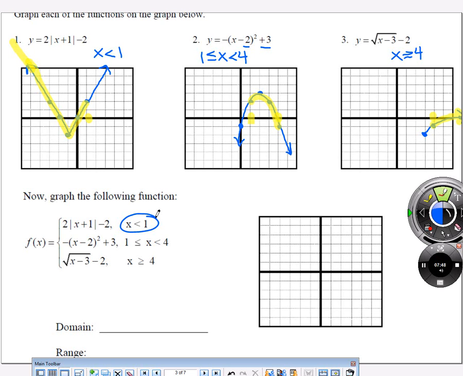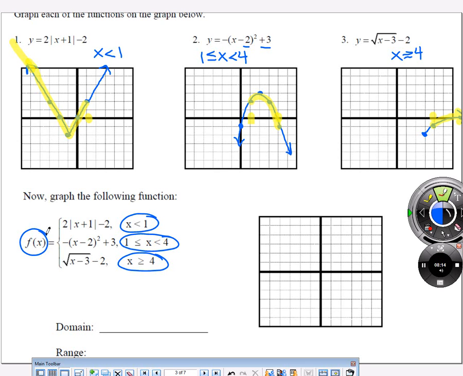Instead of writing that all out in words, they say, hey, graph this only in this area. Graph this second piece only in this area. Graph this third piece only in this area, okay? So basically, if we wanted to build the graph of f of x, this function that looks crazy because it has all these different pieces in it, we're going to take everything you highlighted in the graphs above and put them together into one graph, okay?